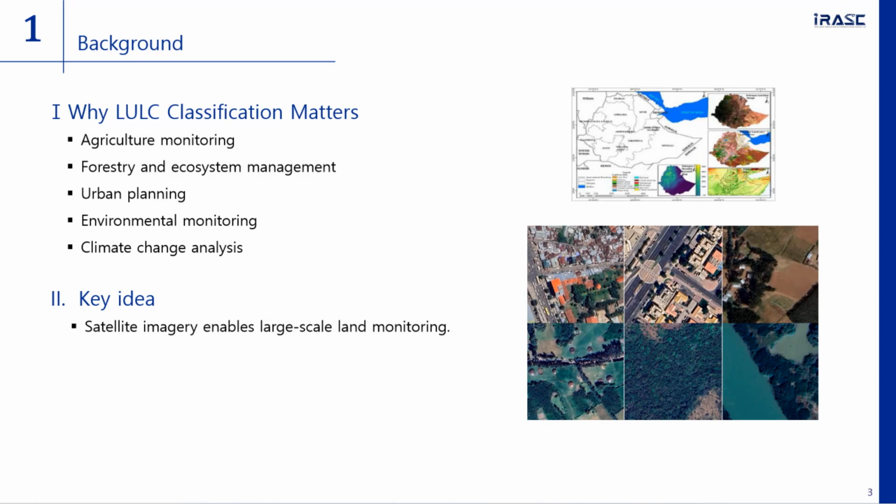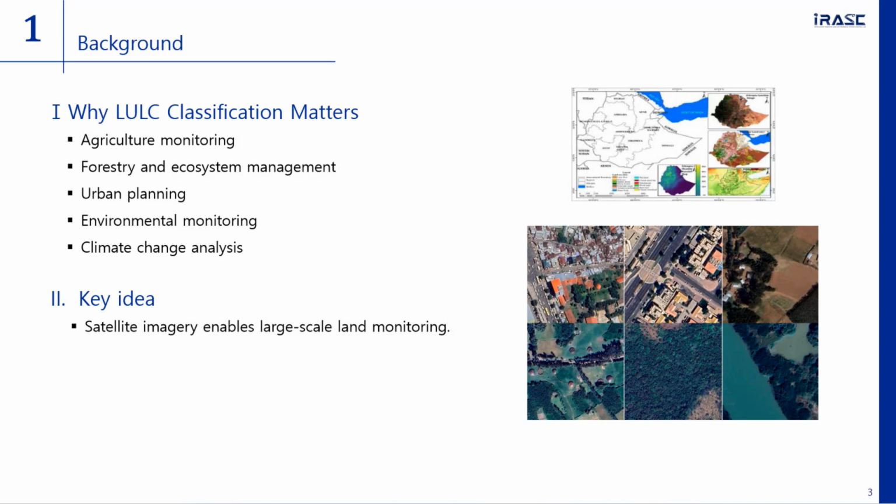Land cover refers to what physically covers the Earth's surface, such as forest, water bodies, grassland, and built-up areas. Land use focuses more on how humans use the land, such as farmland, residential areas, or industrial areas.